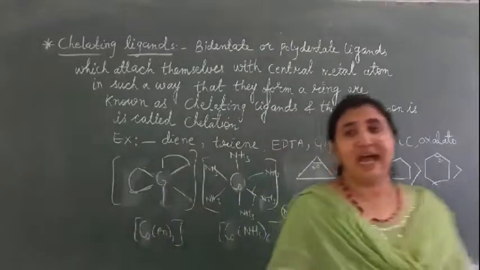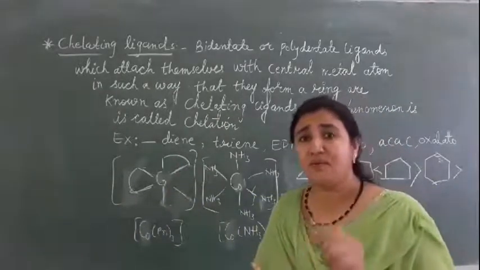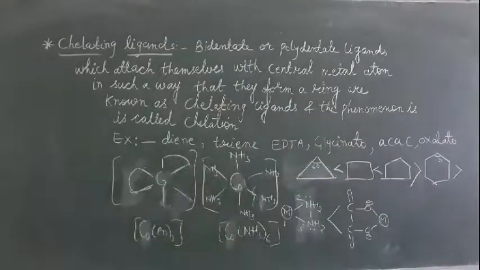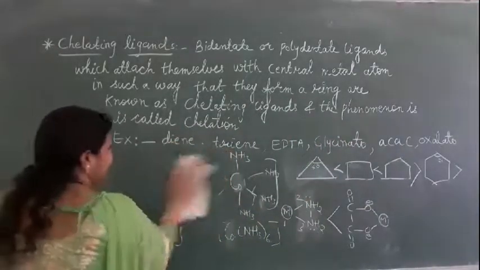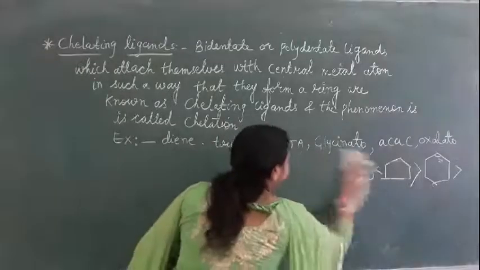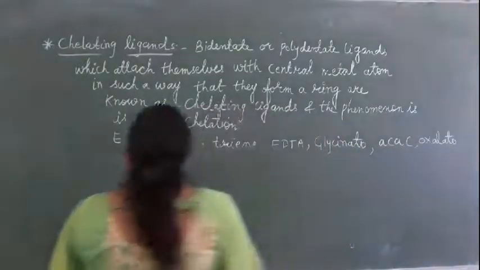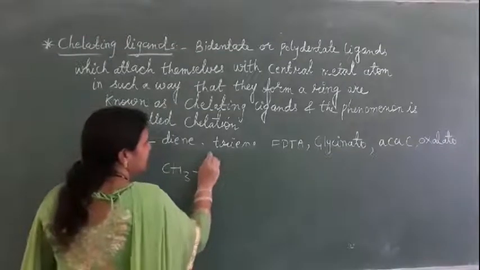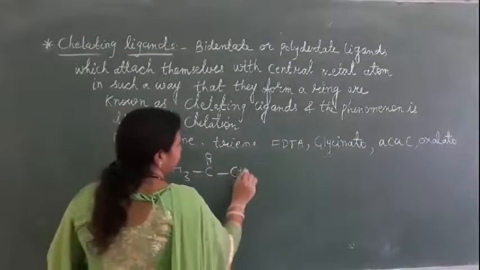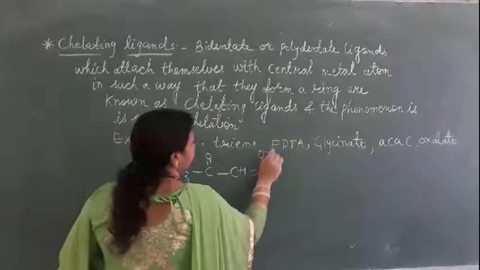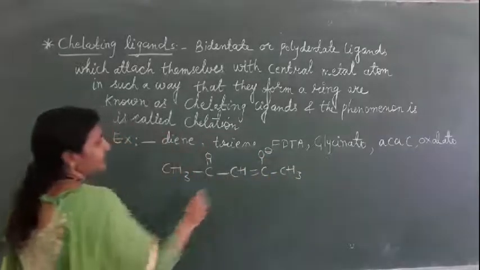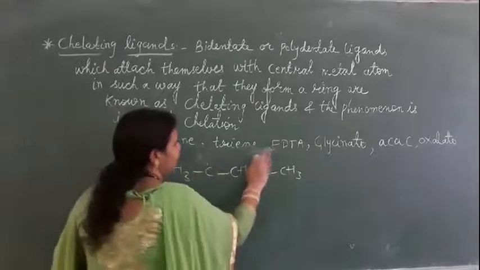But if you have a 6-membered ring with a conjugation system, what is a conjugation system? The conjugation system is in acetylacetonato. This is our CH3, C double bond O, CH double bond, CO minus and CH3. This is our acetylacetonato, which we saw yesterday.